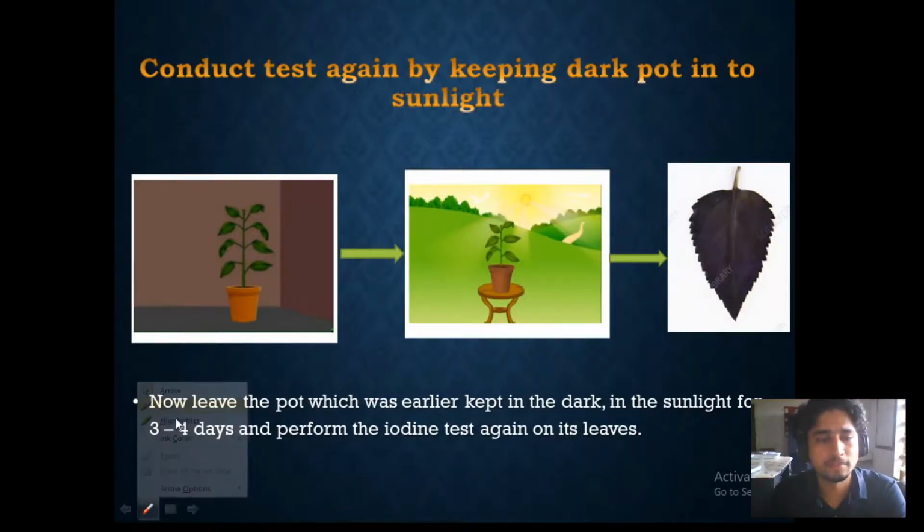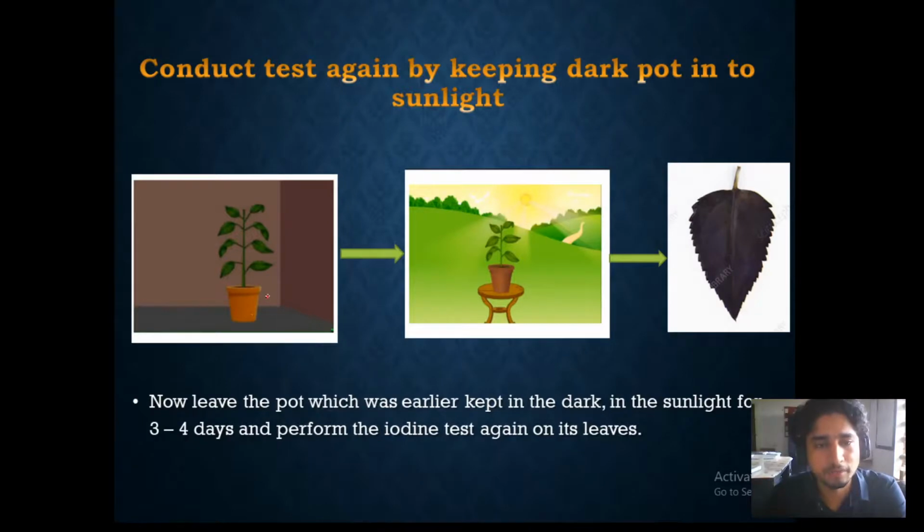Suppose we change the conditions: the plant which was in the dark, we transfer into the light and place it there for 3 days, and then we test for starch. You can guess the result. We find the leaf turning blue, which represents that the plant has undergone photosynthesis and produced starch, and we find the starch in the form of blue color.